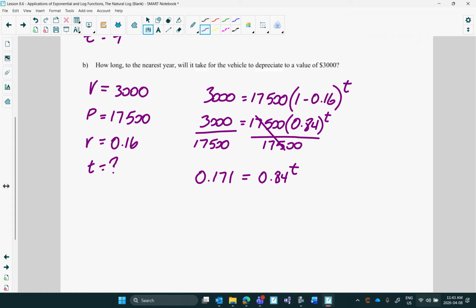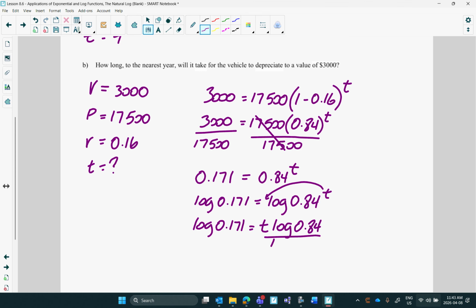Now what? Log. Now that both sides are in log form, that allows me to pull the T as an exponent in front of the log on the right-hand side and turn it into multiplication. So log 0.171 is going to be T times log 0.84.